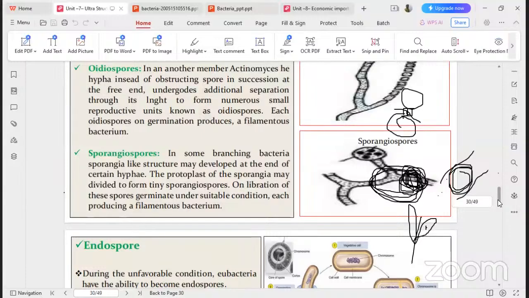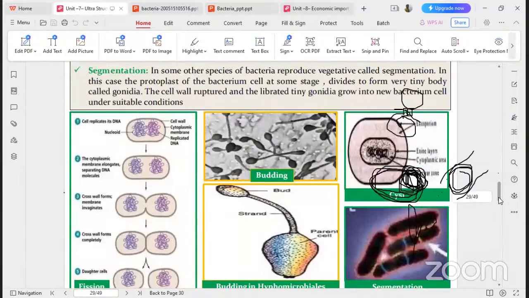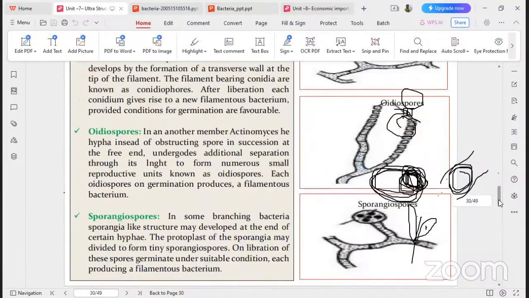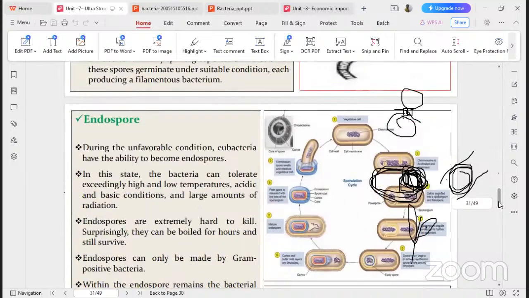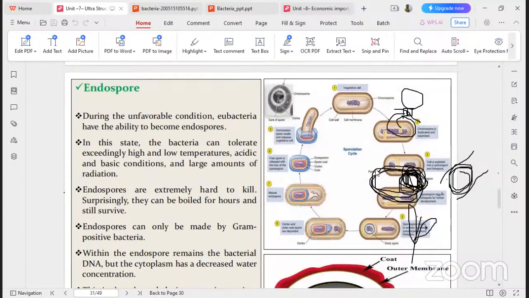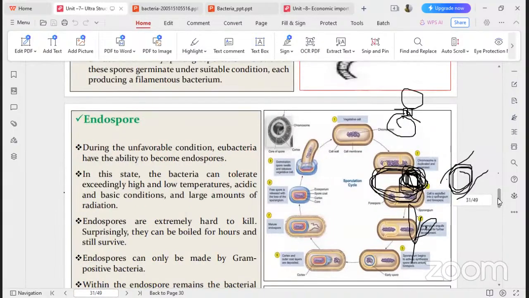These all show the various types of sporulation. What are those types? Conidia, oidiospores, sporangiospores, and the endospore, the formation of the spore inside.